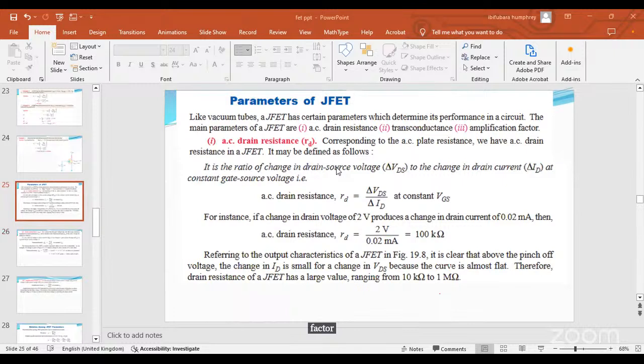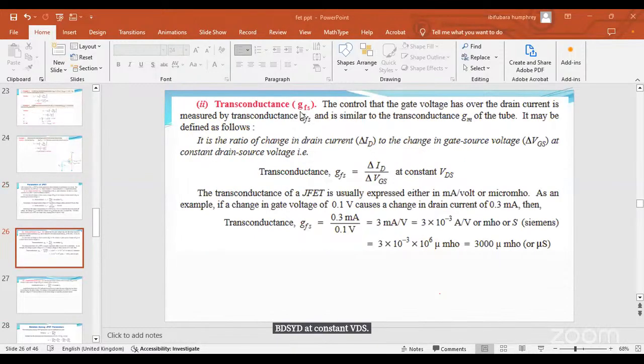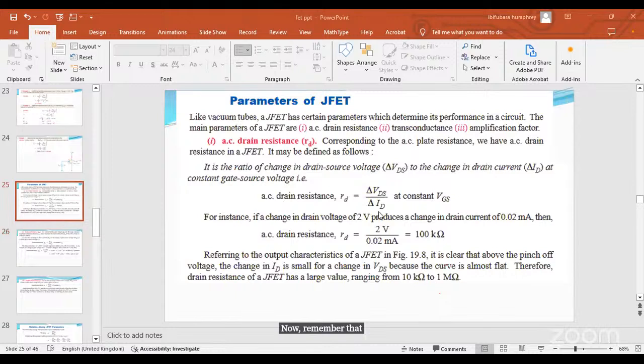So the AC resistance is VDS over ID at constant VGS. The transconductance is the reciprocal. Now, remember that the AC resistance is at constant VGS, but this time, transconductance is ID over VGS at constant VDS.